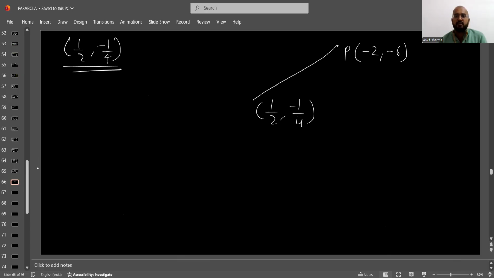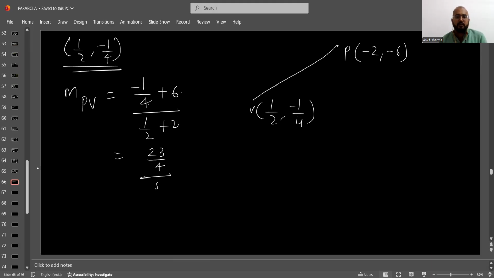So slope of PV is, y2 minus y1 over x2 minus x1, minus 1 by 4 plus 6 over half plus 2. So this gives me 23 by 4 over 5 over 2.